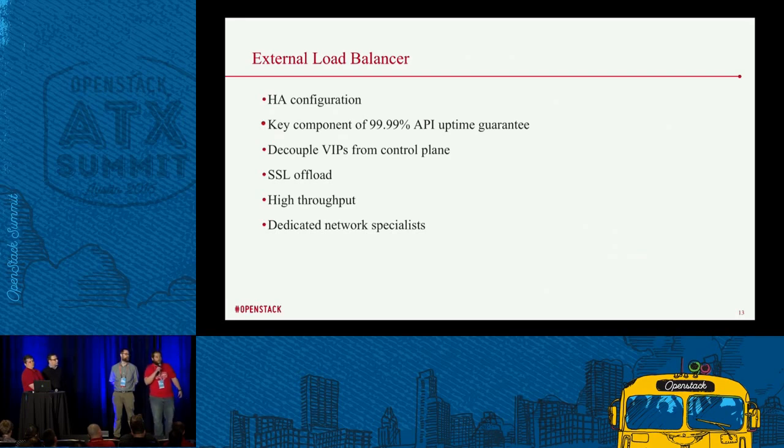This allows us to mark a controller node pool member down in order to proactively patch your environment with minimal to no downtime. We've also wanted to offload SSL traffic onto the F5 load balancer, which provides higher throughput as we can leverage the SSL accelerator module on the F5. And lastly, we have a team of dedicated network specialists who have expertise in configuring the F5 hardware load balancers and are an escalation point for any of our network issues.